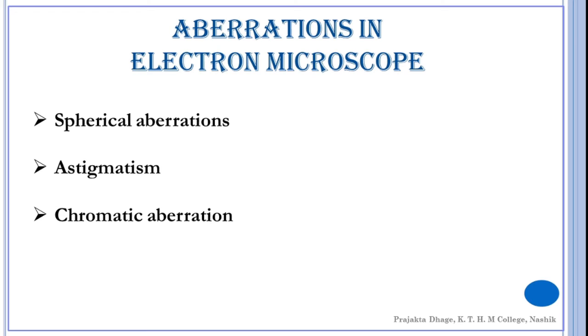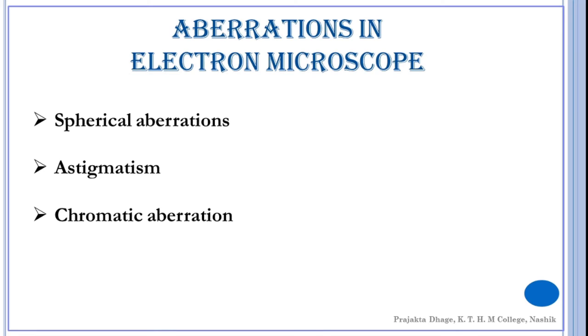Technical artifacts are particularly common in electron microscopy. The resolution achieved in this technique is so great that the imperfections which may remain unnoticed in the light microscope become immediately obvious in electron microscopy. So you will be able to notice these aberrations or defects immediately.